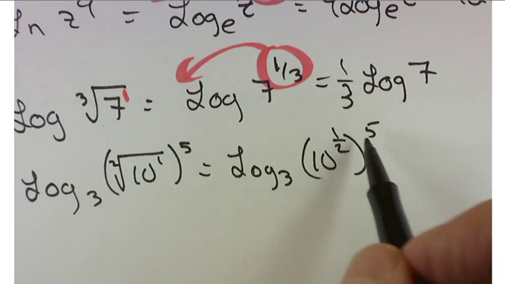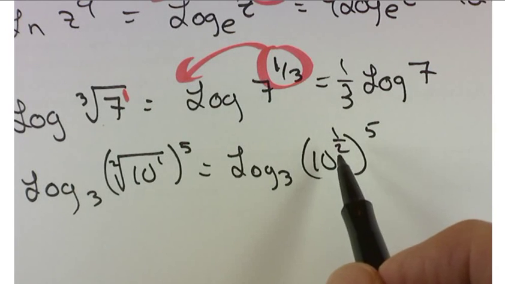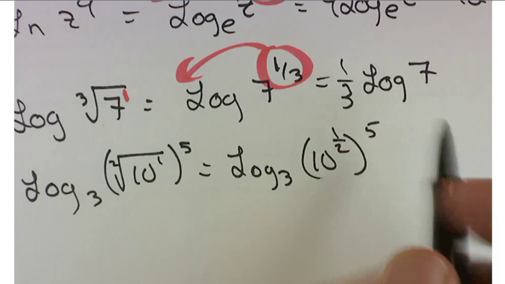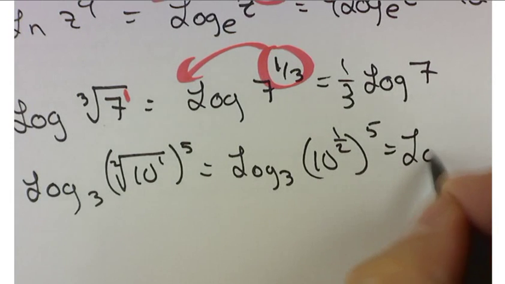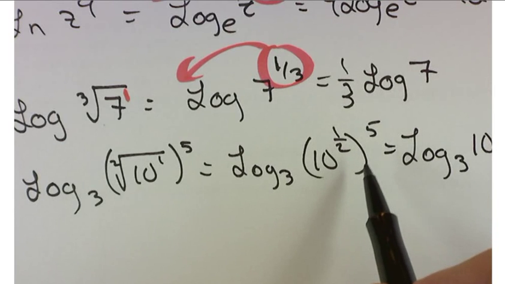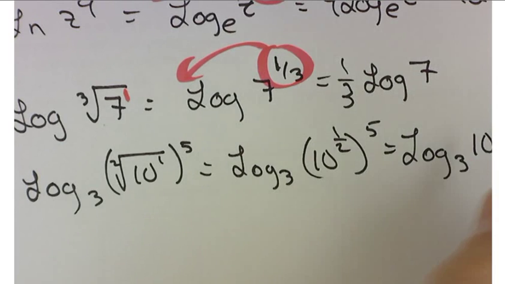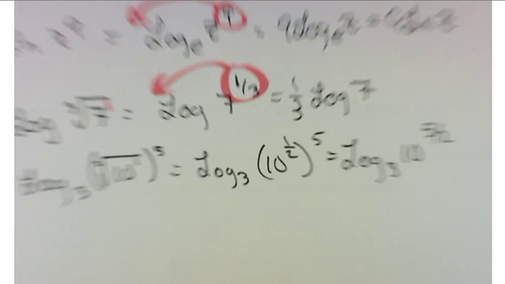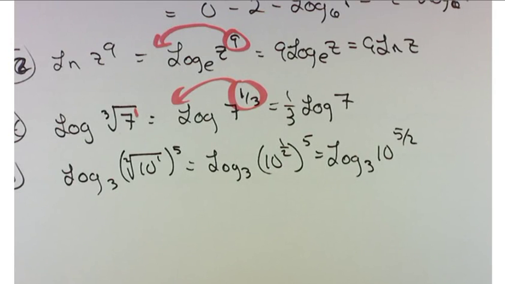What I would suggest is that before we start using our rules for logarithms, let's finish using the rules for exponents. What happens with these exponents when I remove the parentheses? Do they add, subtract, multiply, or divide? Multiply. So that's going to be 10 to the 5/2. Lauren, we've cleaned this up a little bit.